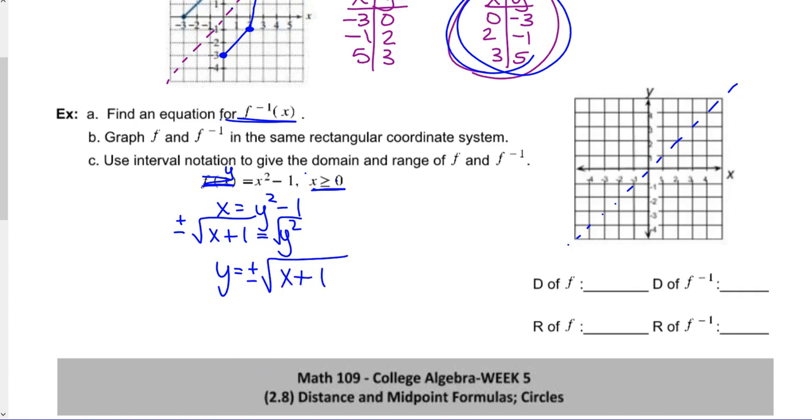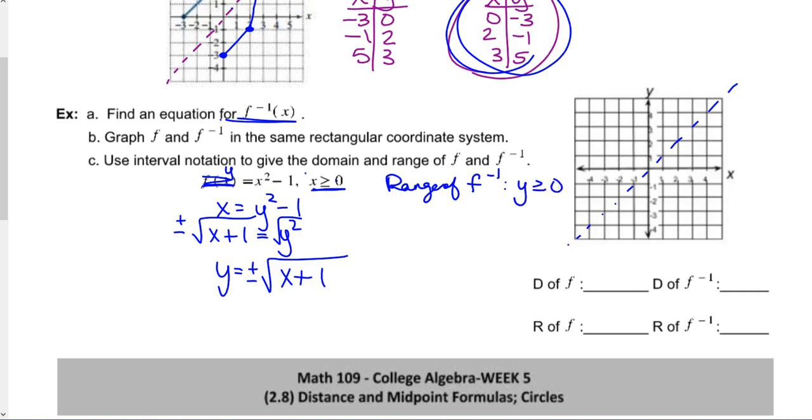Now, I want you to remember this: if x is greater than or equal to 0, that is in the f function. Remember that the domain of my f function is the same as the range of my inverse. So if I interchange that x and y, that means the range of f inverse has to be y greater than or equal to 0.